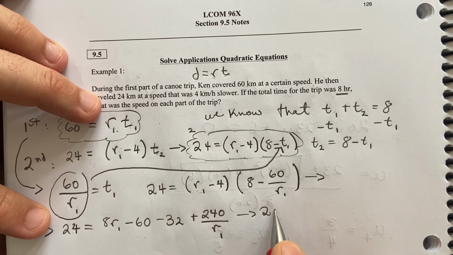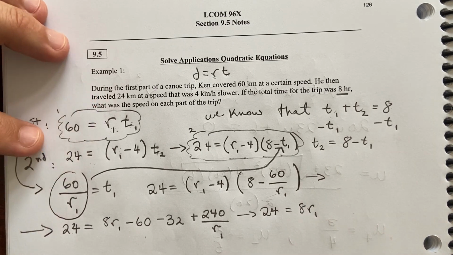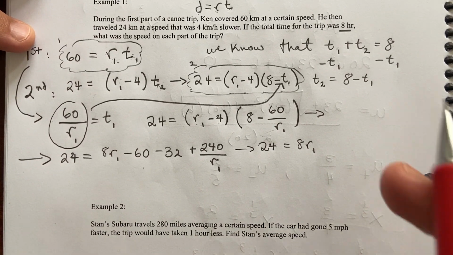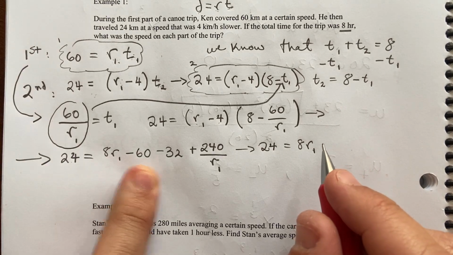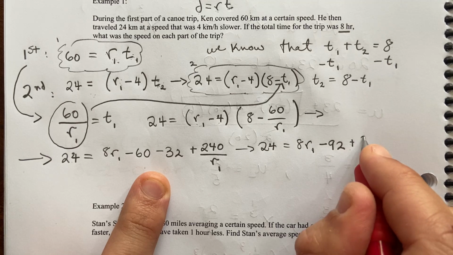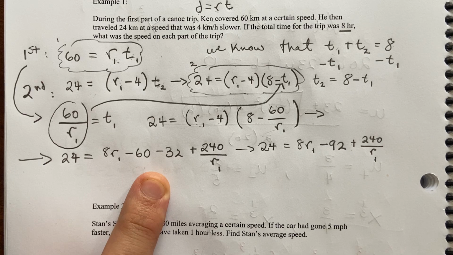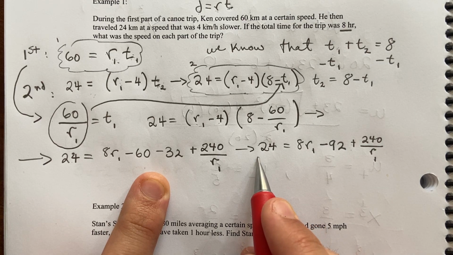So we'll have 24 equals 8R1. Negative 60 minus 32 is negative 92. And then I still have plus 240 over R1. Maybe I'll subtract over this 24.